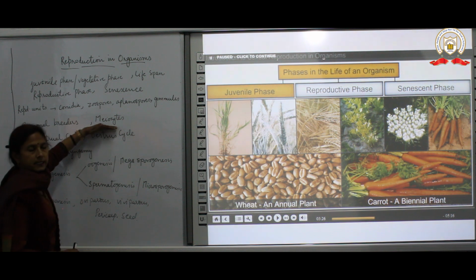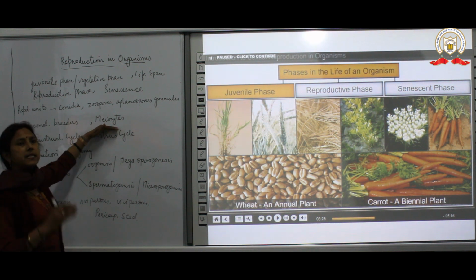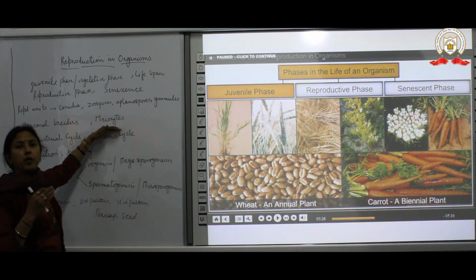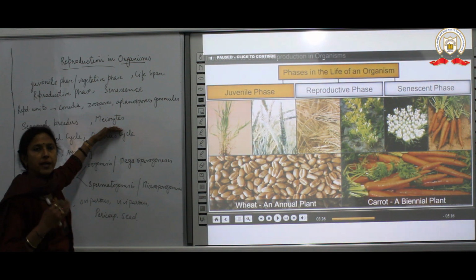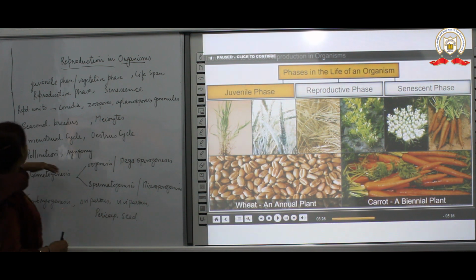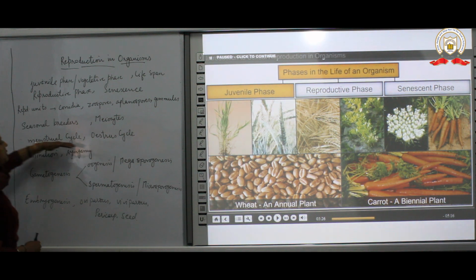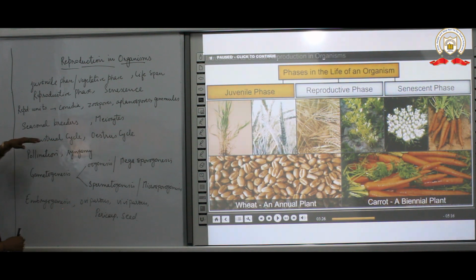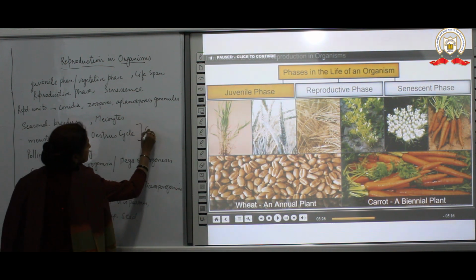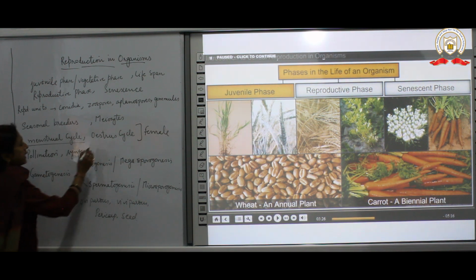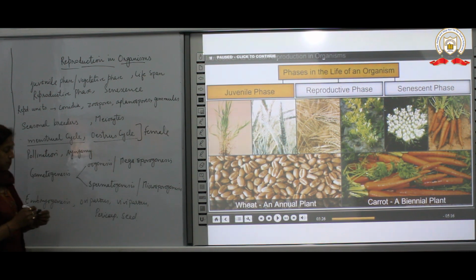Then meiocytes. These are the specialized cells present in an organism which are capable of undergoing meiosis, and these usually lead to the formation of gametes in diploid organisms. Then in mammals, the reproductive cycle shown by the females is the menstrual cycle in primates and the estrous cycle in non-primates.